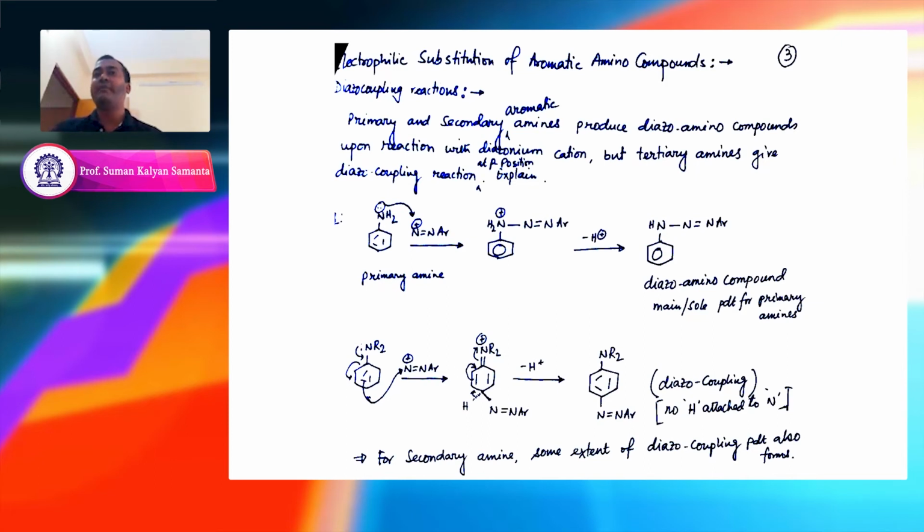What exactly happens? So there is a little bit of difference between phenol and amines when it comes to diazonium chemistry. As I said, the diazonium salt is not very strong; it is slightly weak, and the phenol prefers to react via the carbon center, not the oxygen center.